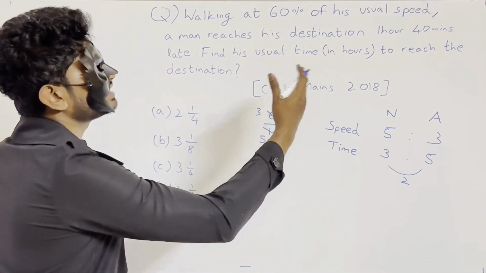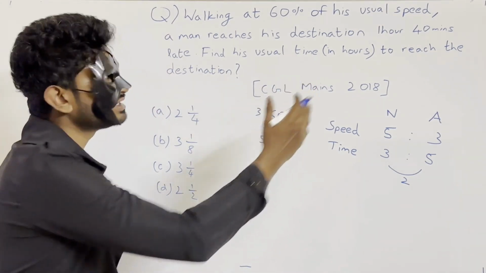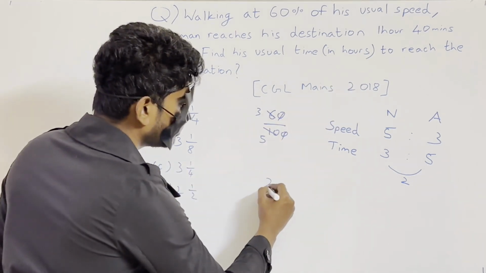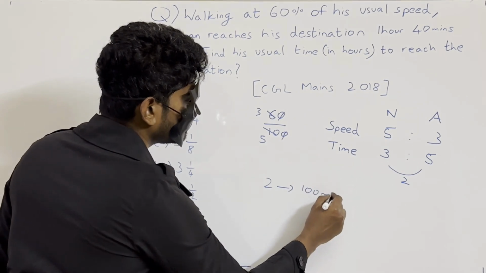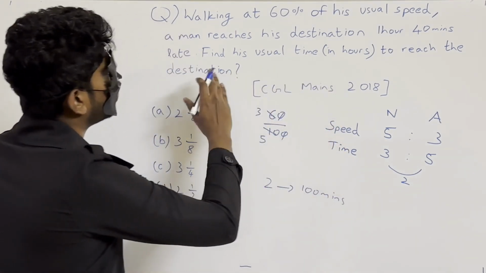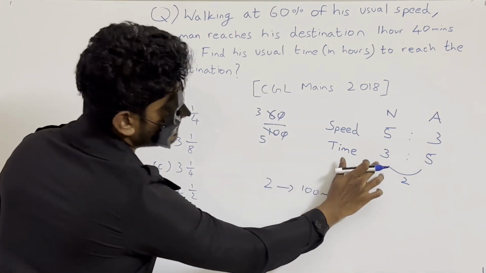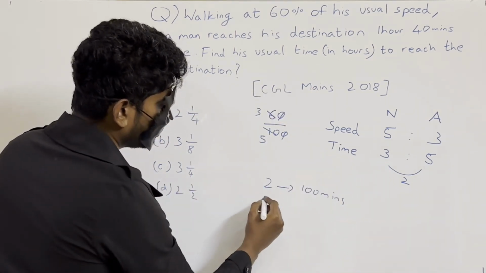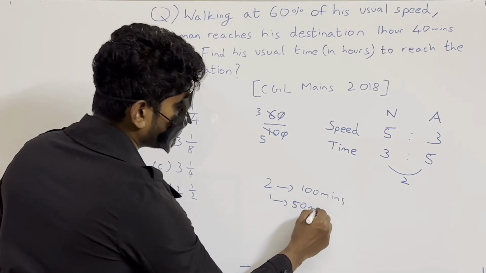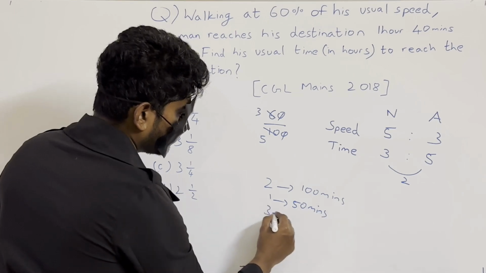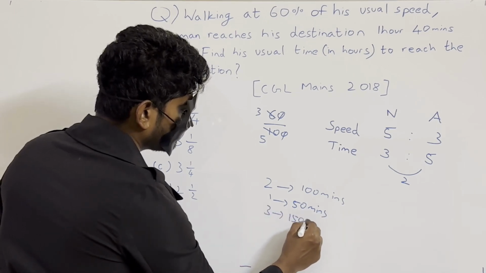So 1 hour 40 minutes is nothing but, 1 hour is 60 minutes, so 1 hour 40 minutes is nothing but 100 minutes. This 2 ratio which we got is nothing but 100 minutes. Now he is asking usual time to reach the destination, that is he is asking the value of 3 ratio. So 1 ratio is nothing but 50 minutes. So 3 ratio is 150 minutes.